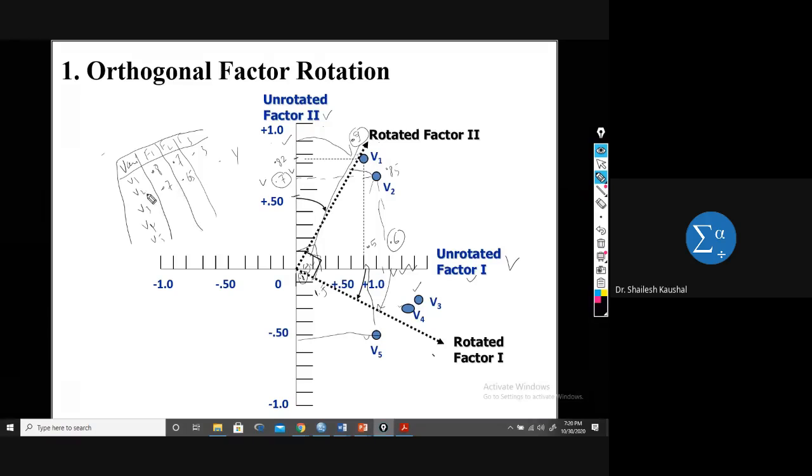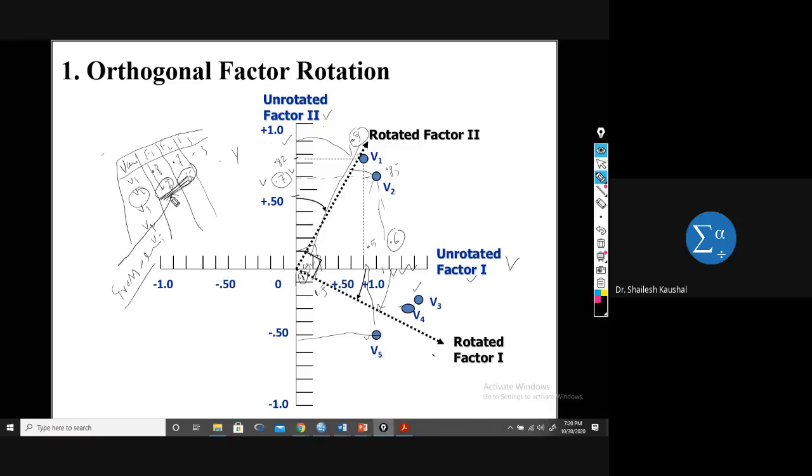When a particular variable gives a high value under factor 1 as well as under factor 2, this type of relationship is known as the cross loading problem.